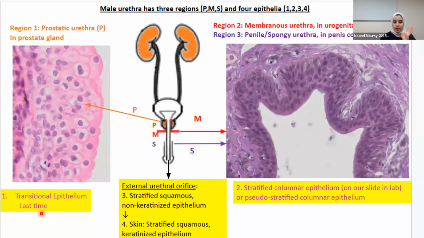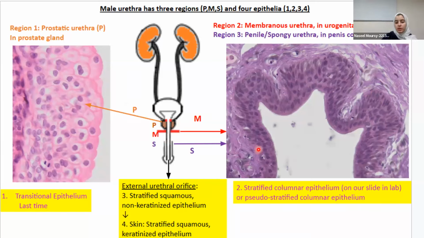So again, prostatic urethra has transitional epithelium. Got this part? Good. Then we move on to the membranous urethra and the penile or spongy urethra. The membranous urethra is really short, so we don't really talk about its histology, but it mainly goes with the penile or spongy urethra.